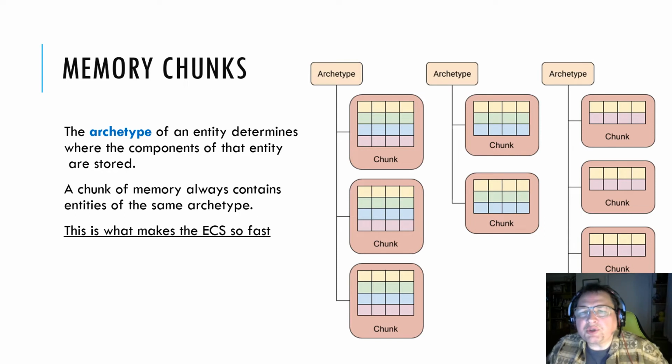But what's important, if you access a collection of entities represented by a single archetype, its data components will be stored together. And this is a very significant memory optimization that makes operations on chunks of entities much faster. And this is one of the many things that makes the ECS so fast.